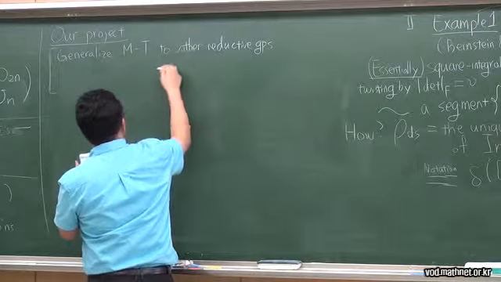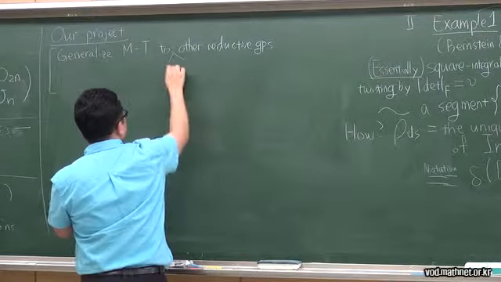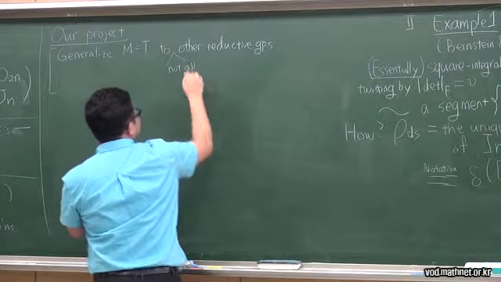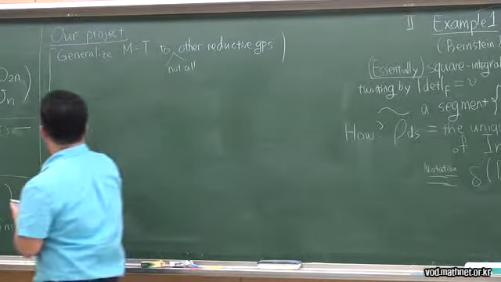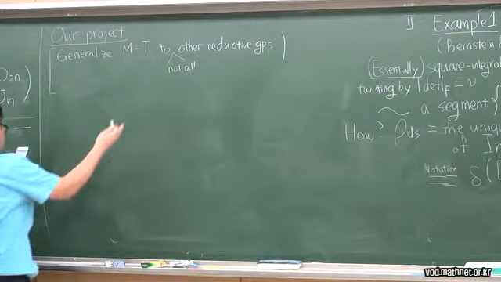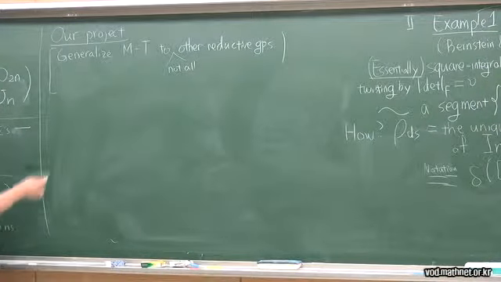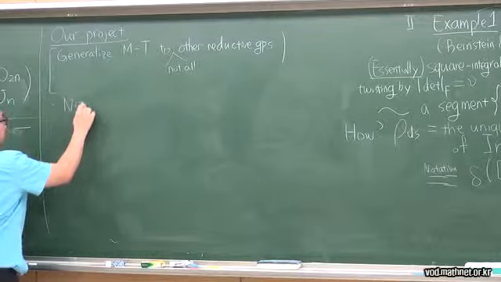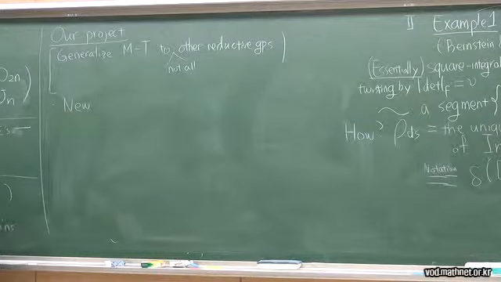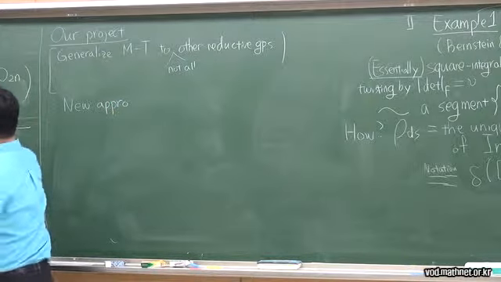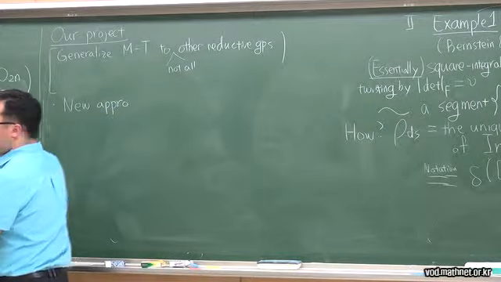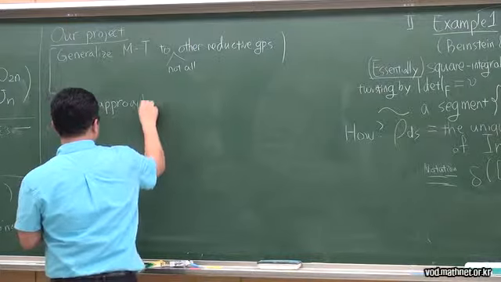I hope to generalize to all other groups, but not all, to some other reductive groups. Currently, we are working on all GSpin groups and also general unitary groups. Let me tell you a little bit about this approach. This is a little bit different from the approach of Moeglin and Tadić.